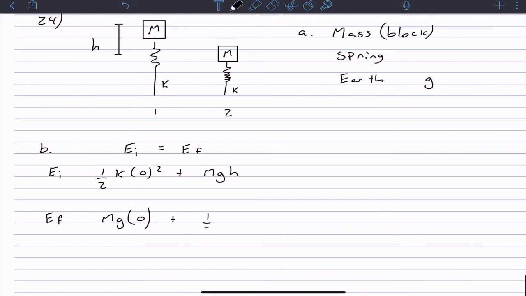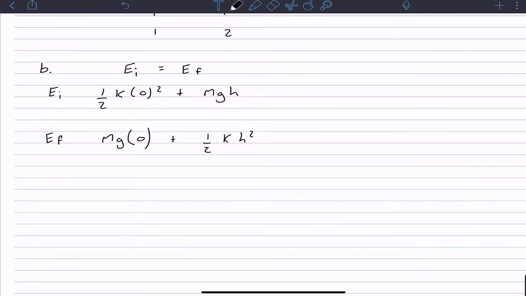So the spring is displaced. So here's our spring potential. If any of this is unfamiliar to you, it's in the book. So this is h squared. Okay, so now we use our equation, EI is equal to EF, which means that we have mgh is equal to 1/2 kh squared.